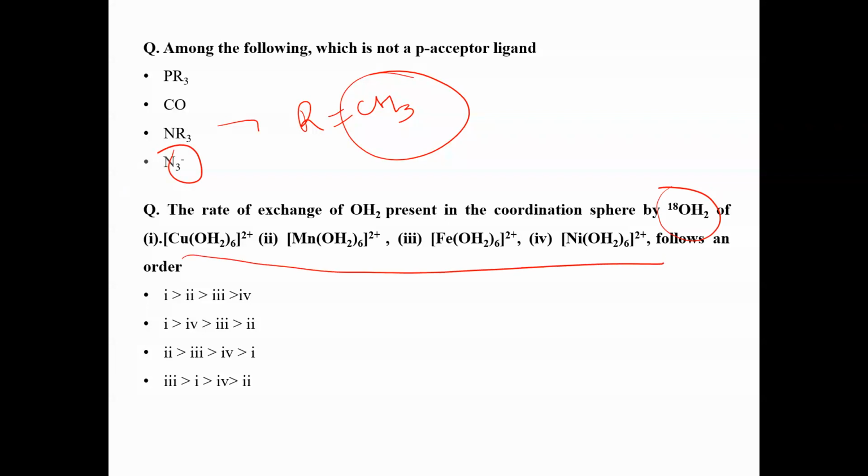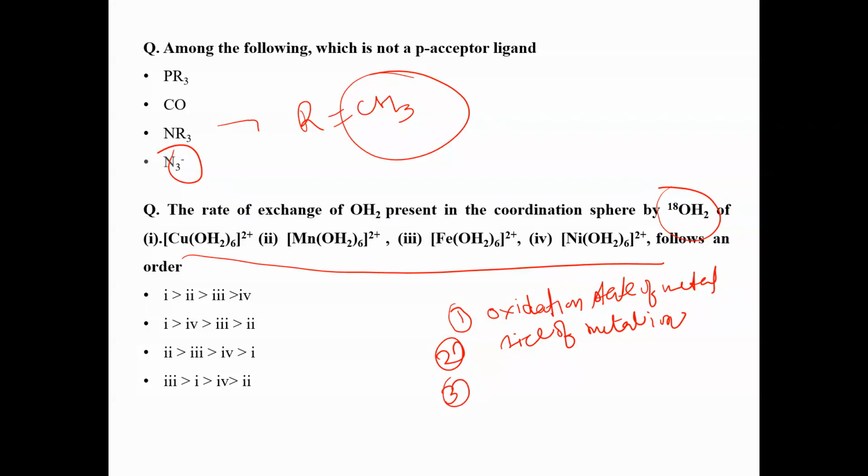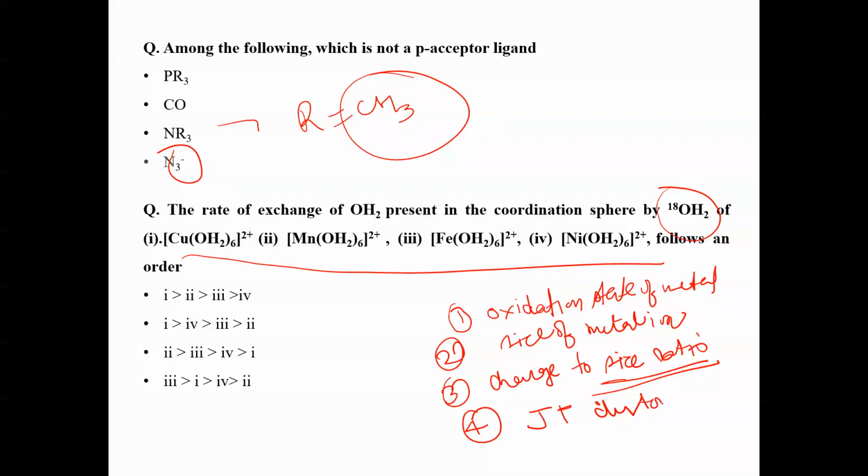Whenever we talk about water exchange, first we discuss the oxidation state of the metal, then the size of the metal ion, third the charge to size ratio, and last but not the least, Jahn-Teller distortion.